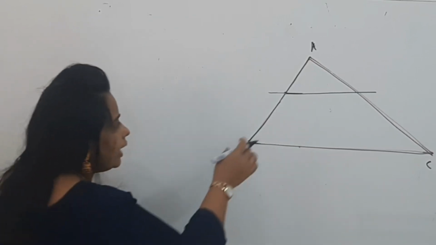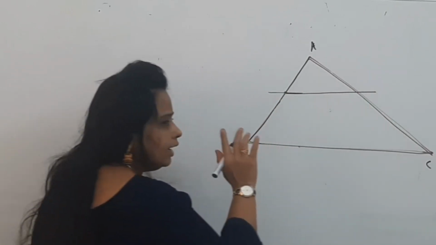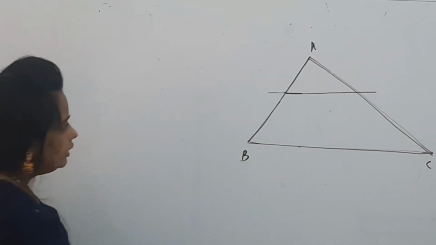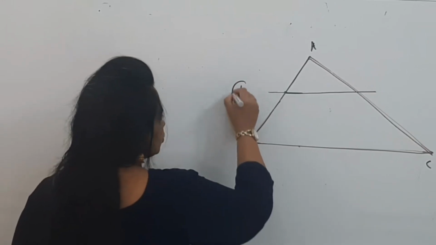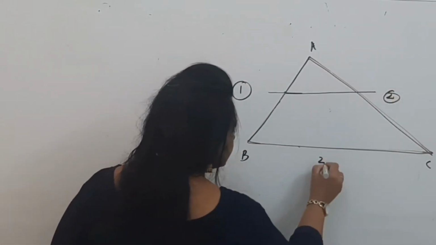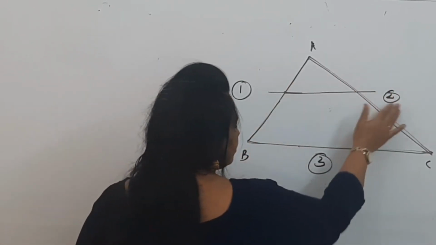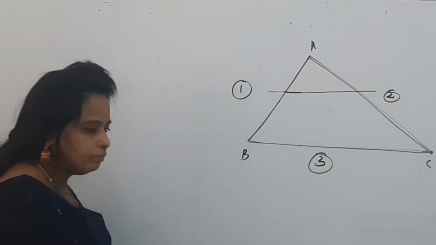Then this line will intersect the other two sides in two distinct points. I name this side as 1, this 2, and this is 3. So this is the first side of a triangle, this is the second side, this is the third side.